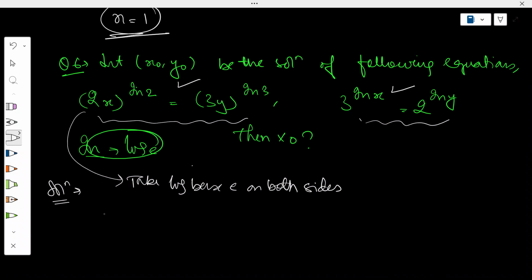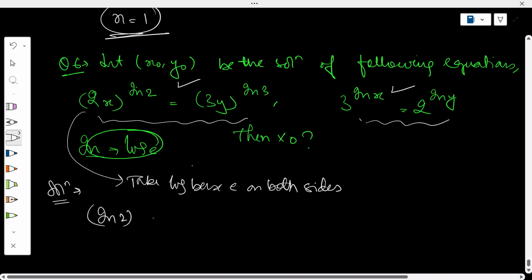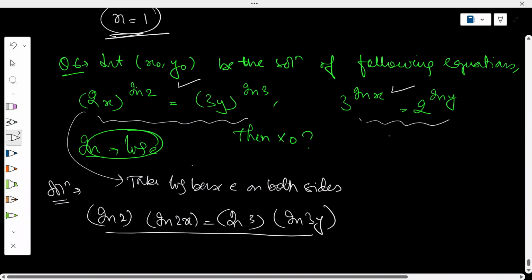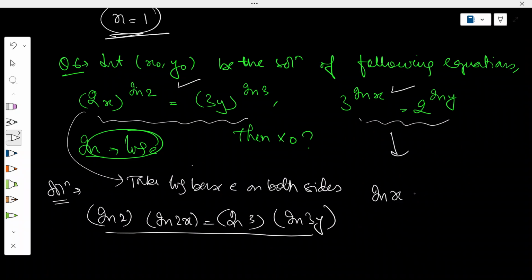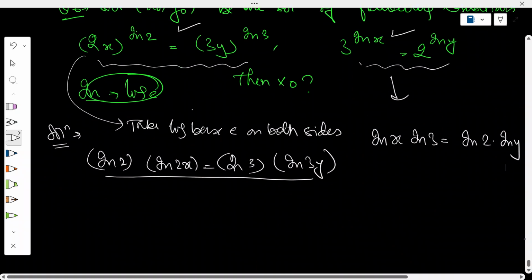We will be having this equal to ln 3 times ln 3y. Similarly, take log on both sides, base e. We will get ln x times ln 3 equals ln y times ln 2.